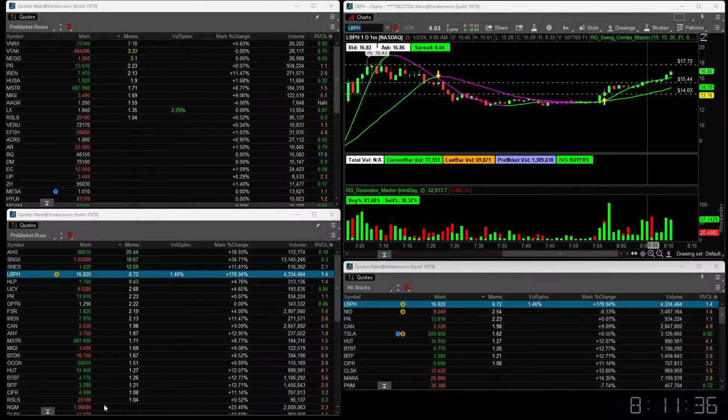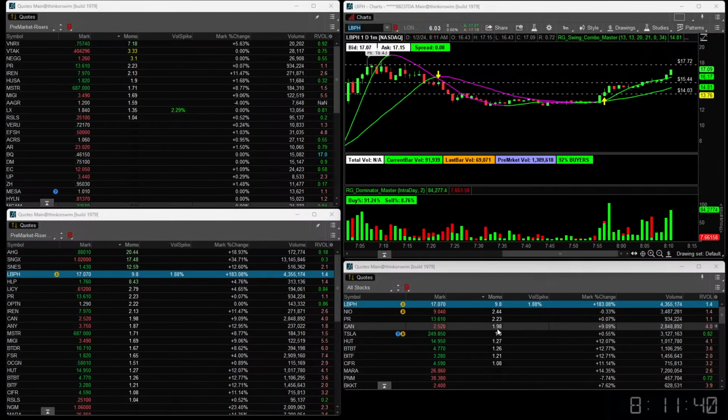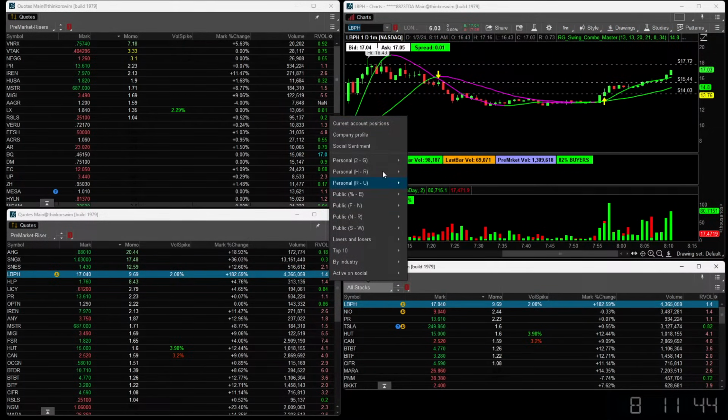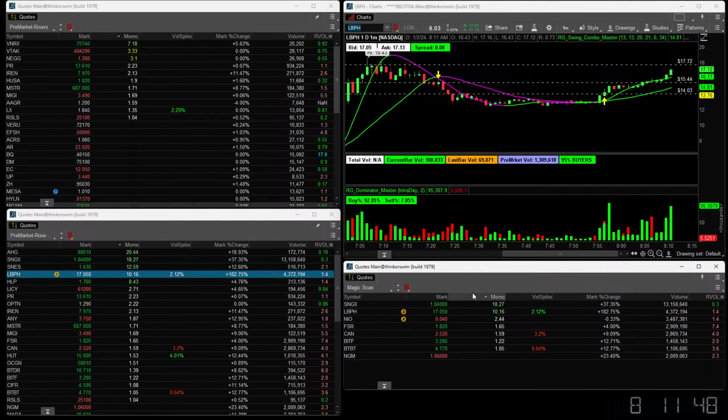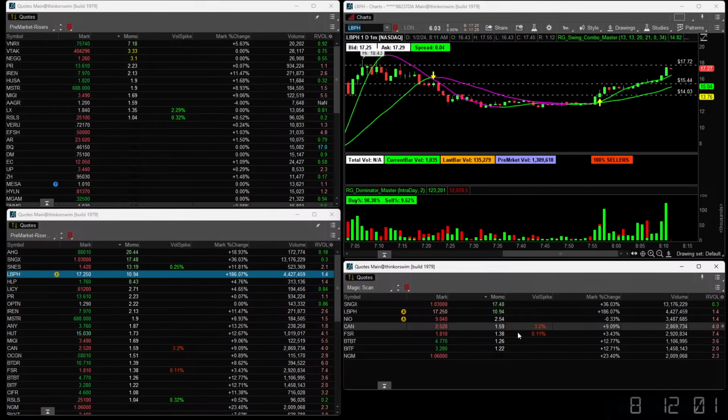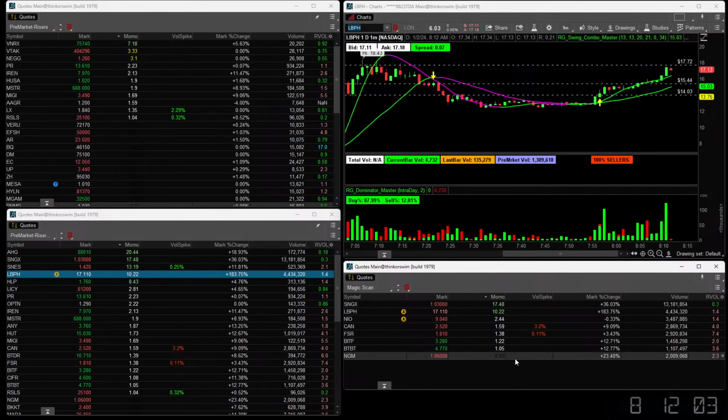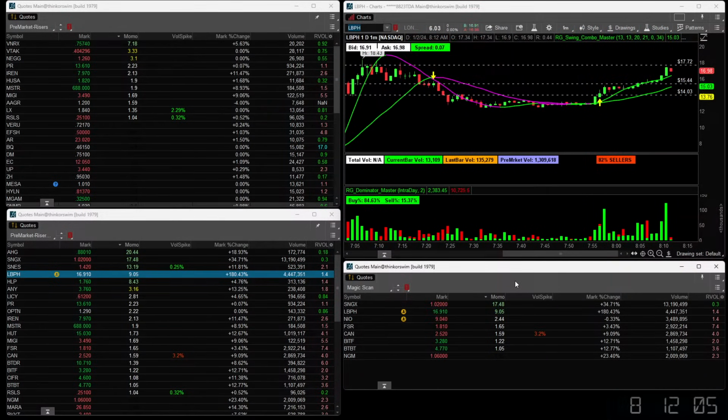And I'll probably put magic scan over here on this one. Probably can do that one now. And don't compare yours to mine. I'm playing around with mine. I'm testing numbers.